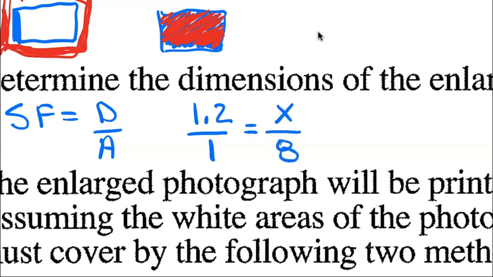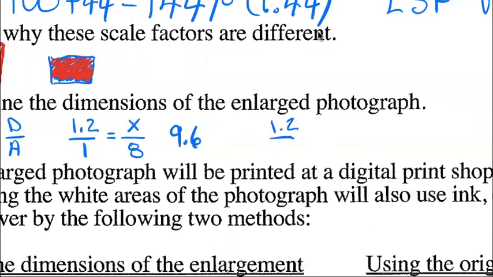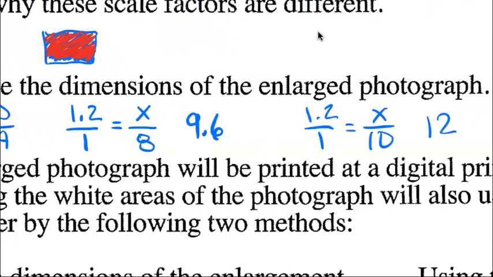Well, 8 times 1.2 divided by 1 gives me 9.6. I do the same for my 10 inches. 1.2 to 1 is equal to x over 10. 10 times 1.2 divided by 1 gives me 12. And these are inches, yes, inches, the double hash mark.